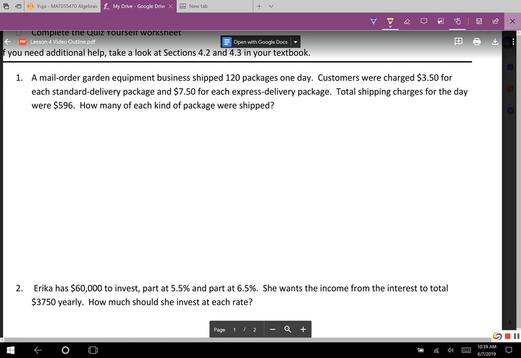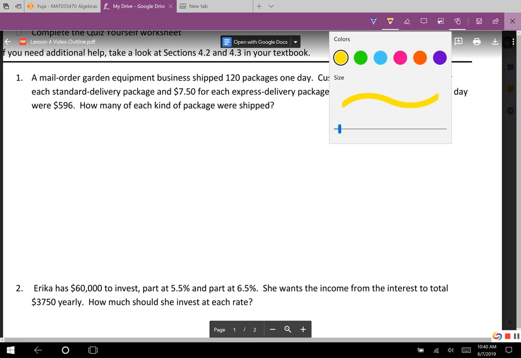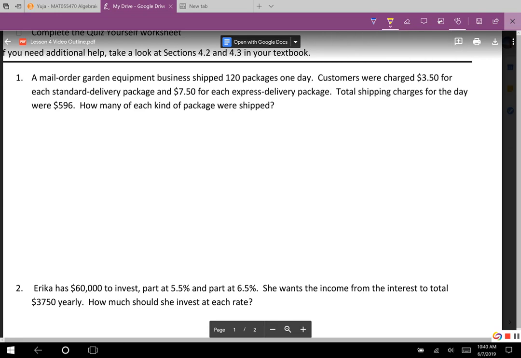So this first problem says we have a mail order garden equipment business. They're shipping packages. We're told how much customers are charged for standard delivery, for express delivery. Total shipping charges are given. Here we go. It's in that last sentence.